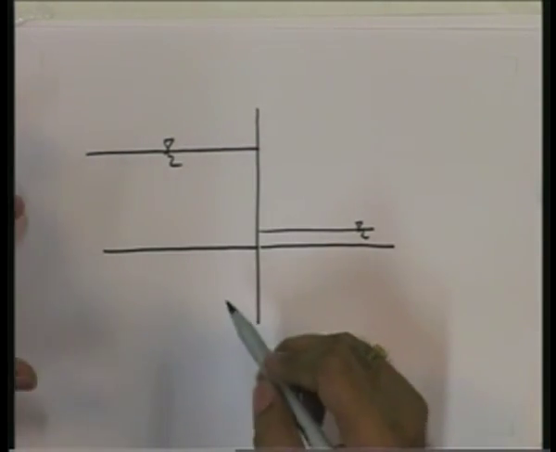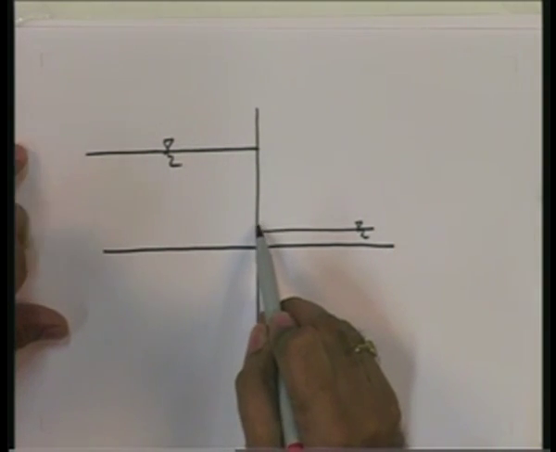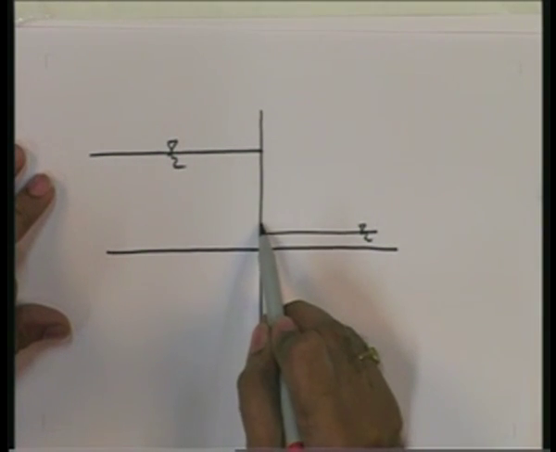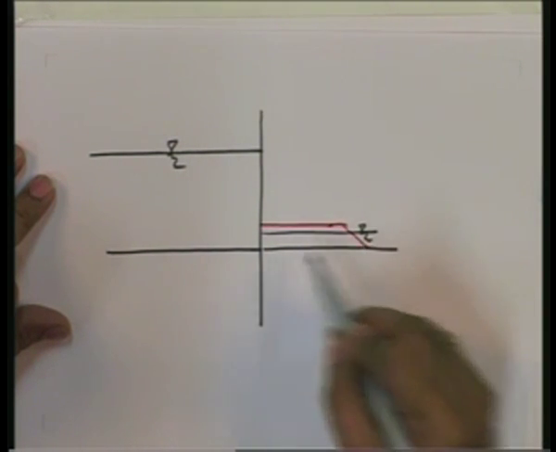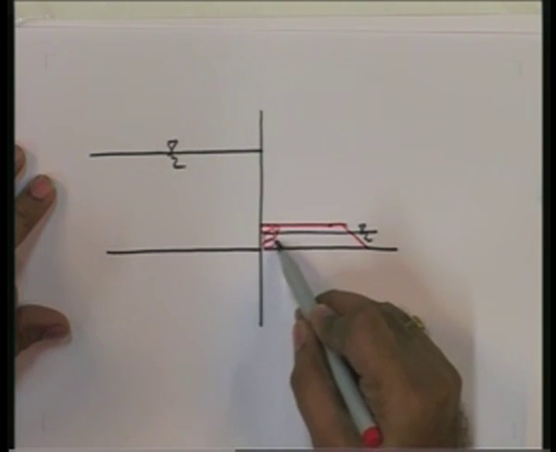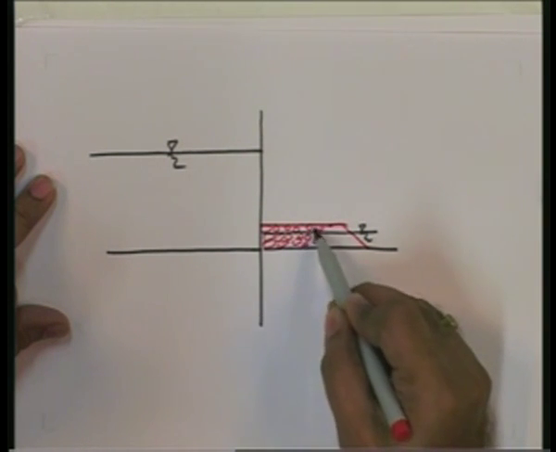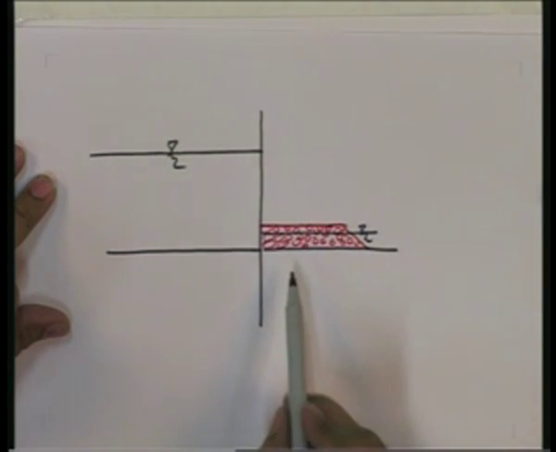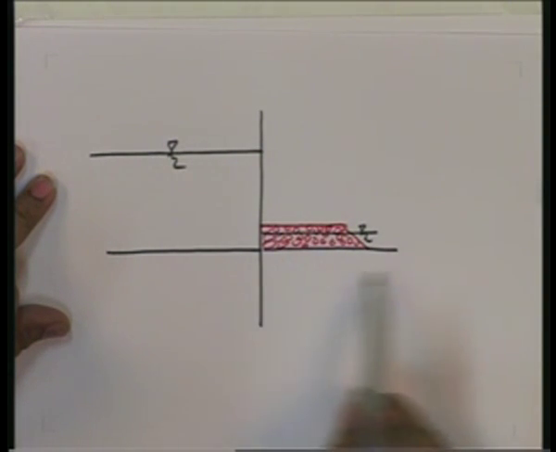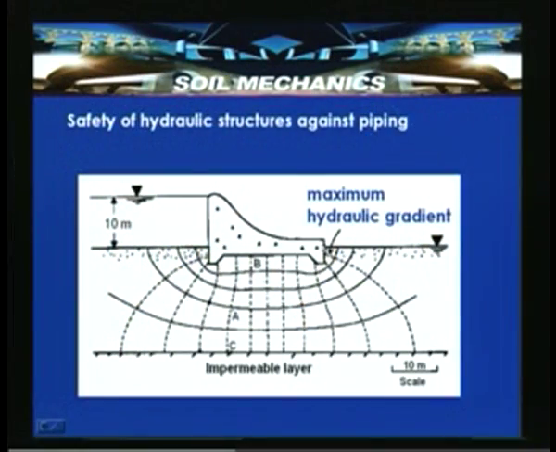So in order to enhance the factor of safety against piping failure, one of the remedial measures suggested is to have a fill on the downstream side. This type of construction allows one to enhance the factor of safety against piping failure. So here in this particular case, the maximum hydraulic gradient exists here.